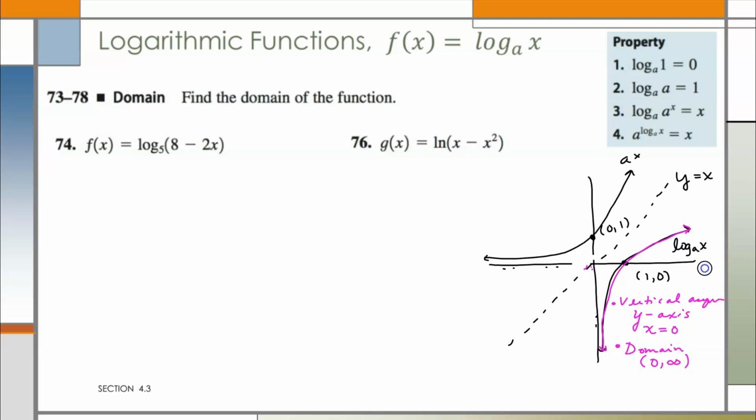Okay, how about our y values? Notice y starts here at negative infinity. This does increase forever. It's just slow. It's going to end up at positive infinity. And so that's the range of our base graph.